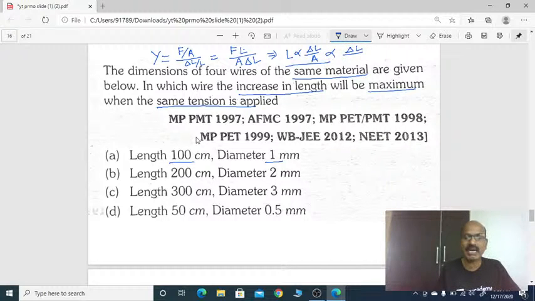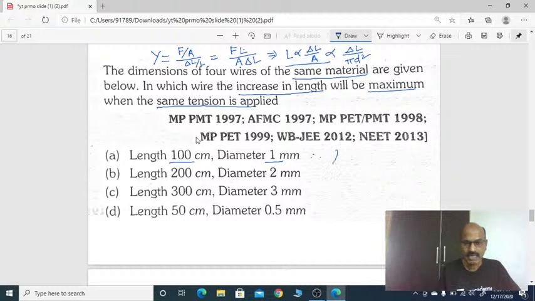What is area? Pi d square. Here diameter is given. So area, instead of pi r square, for wire shape we know, here diameter is given, so pi d square. Therefore, very simple. In which wire will the increase in length be maximum?